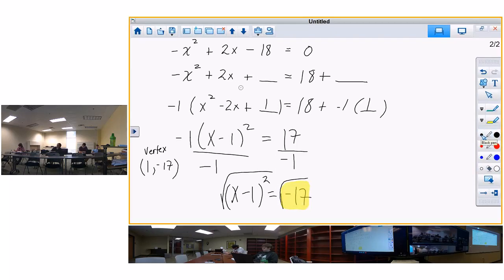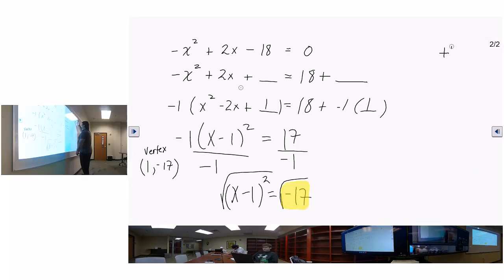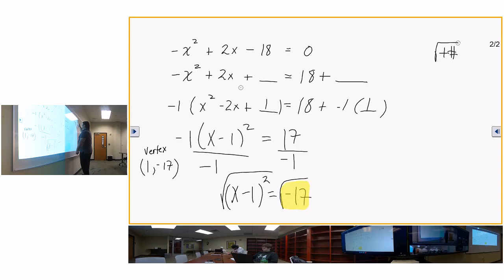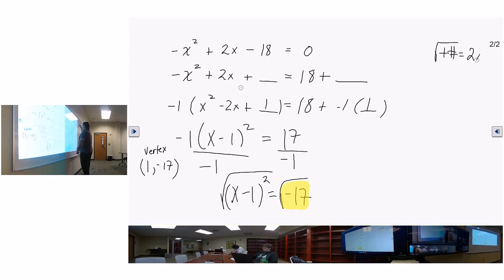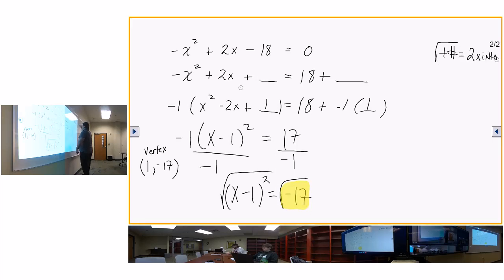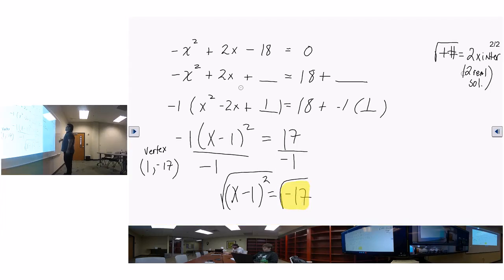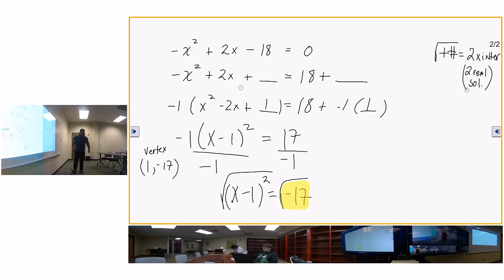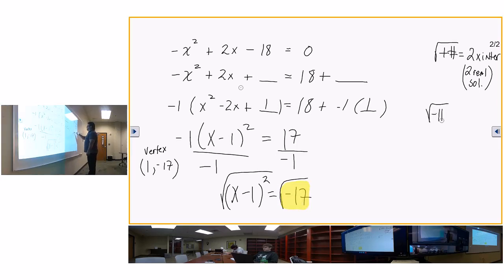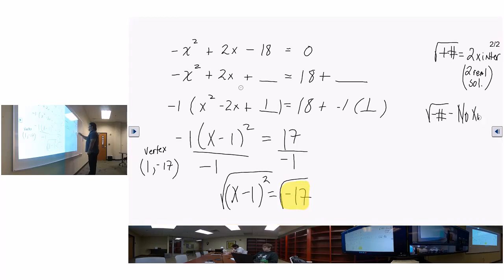If it's a positive number, that means 2 x-intercepts. Now, the 25-cent word for that is 2 real solutions. If you have the square root of a negative, what does that mean? No x-intercepts.